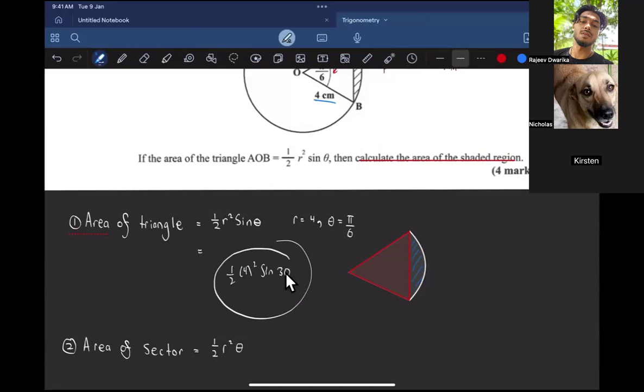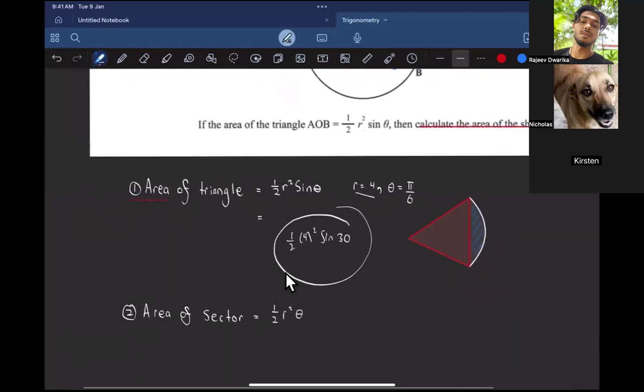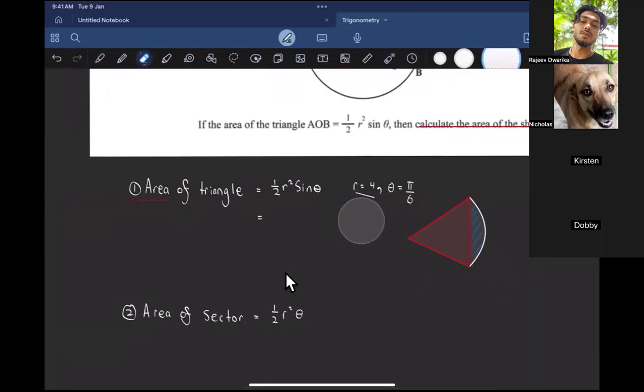What I did was replace the four with eight for some reason. Just make sure you guys are getting four. Nicholas, you get four, right? Kirsten, you get four as well. The mistake I made was putting R as eight instead of four. Four is the answer whether you work it in radians or degrees.